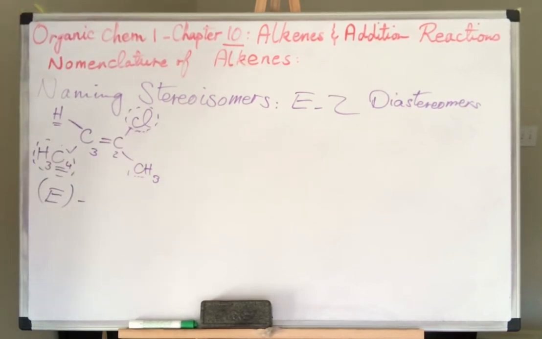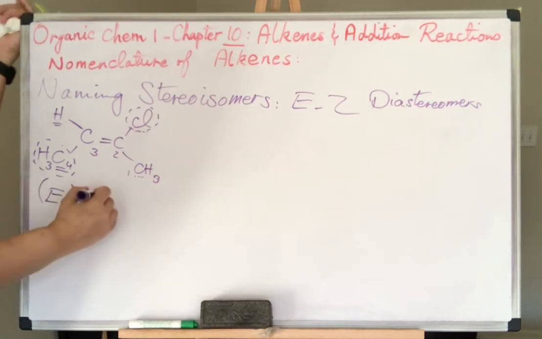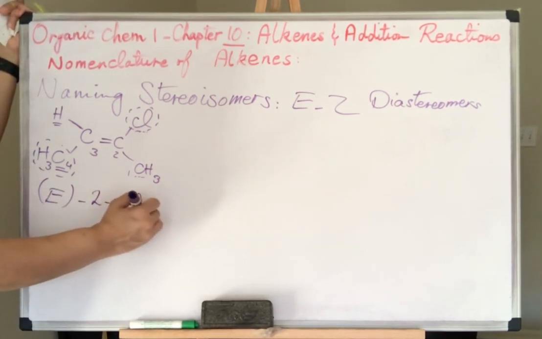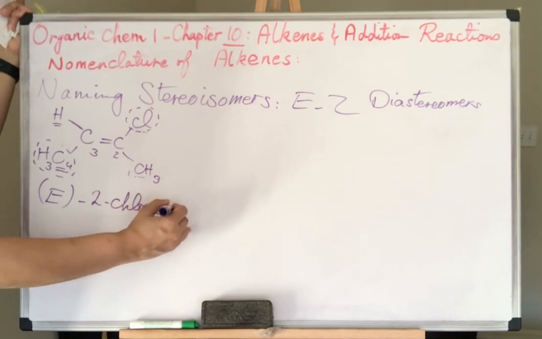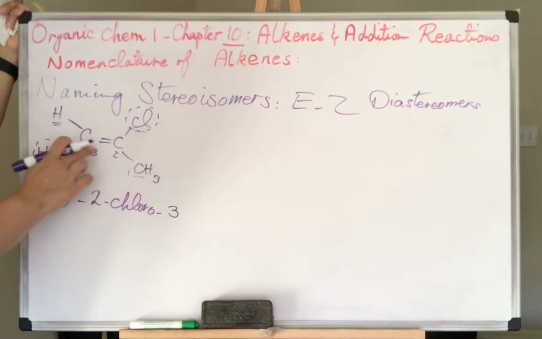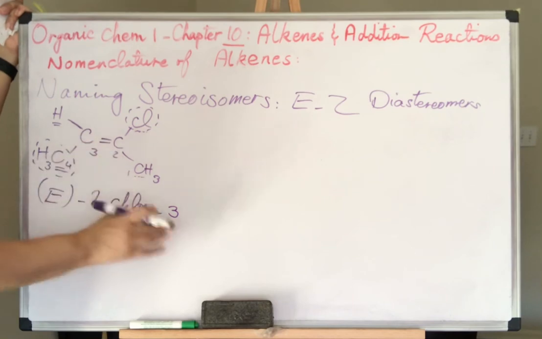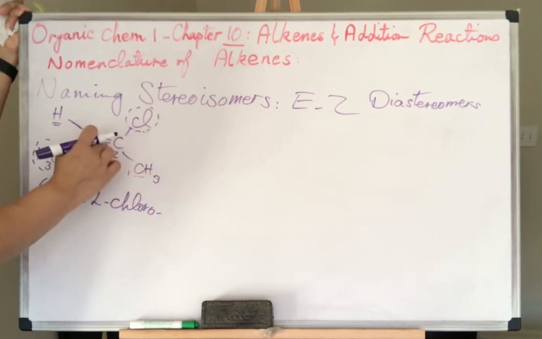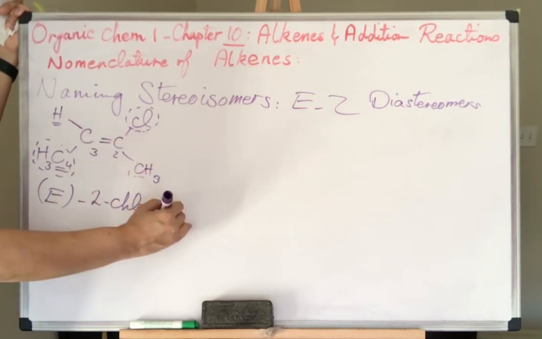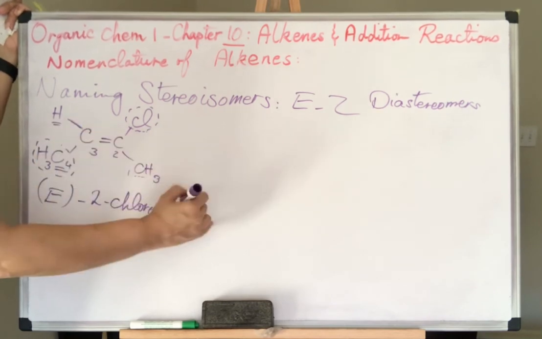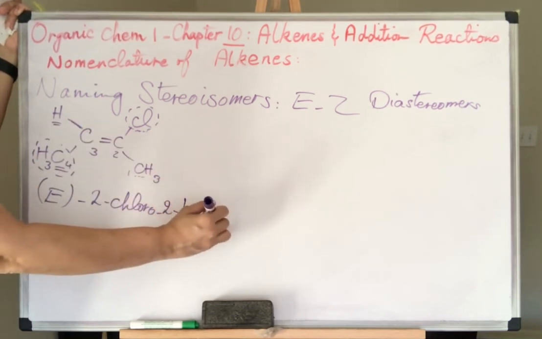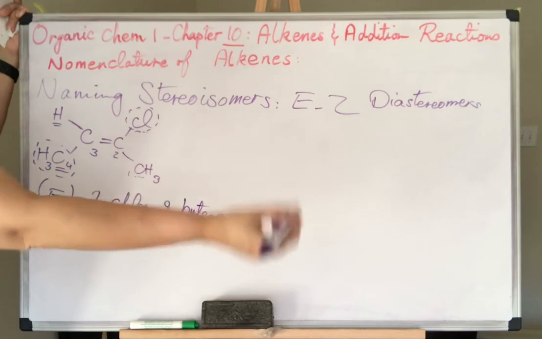So it's called E. Where is chlorine? On the second carbon, 2 chloro and 3. I'm sorry, 2. What did I say? Double bond is on 2. 2, 1, 2, 3, 4. Butene or butene.